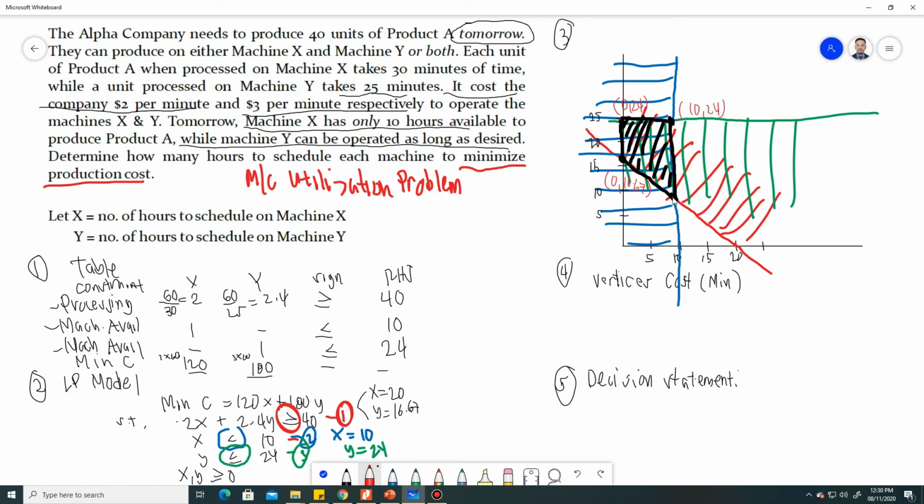And then, itong kanto na to, corner, that is 10 and 8.33. So, paano natin nakuha yan? So, itong vertex na to, we can solve the two lines simultaneously. Pero makikita mo naman, this is at 24 and 10. So, ito lang yung line na to. These two lines can be solved simultaneously para makuha yung 10 and 8.33.